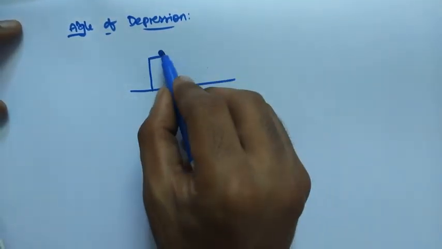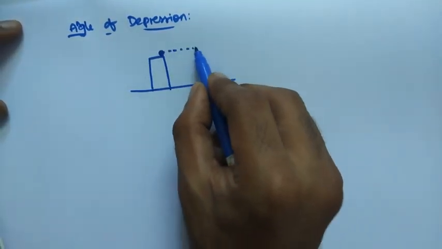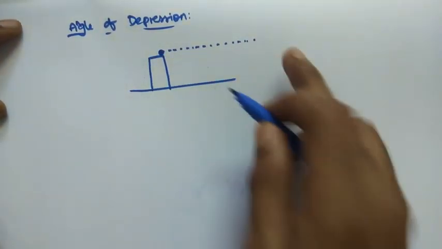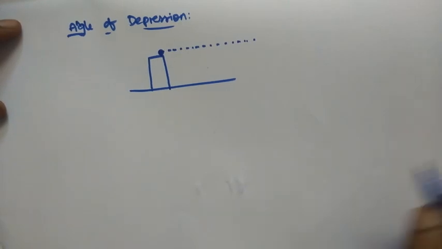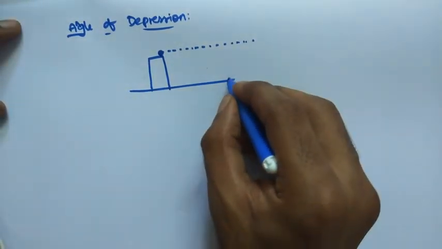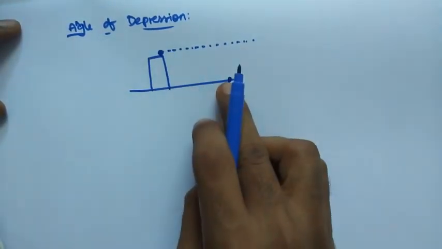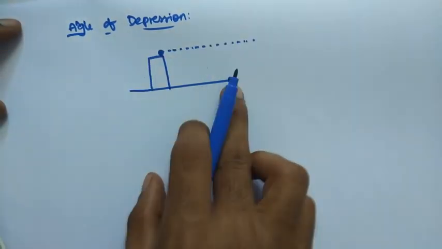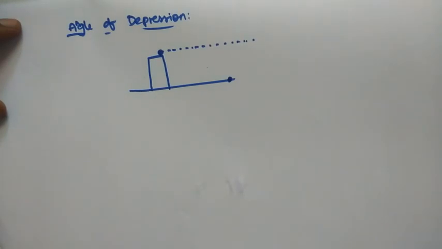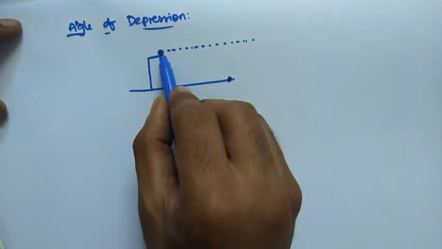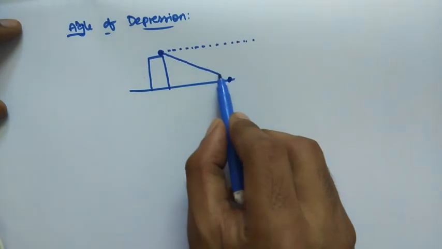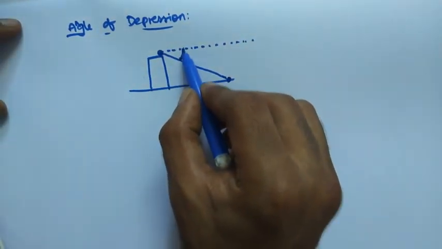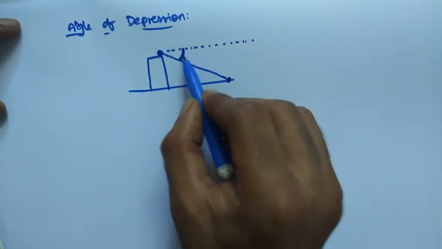When he is looking straight, the line traced is the line of sight. Now if there is a point of interest here, he is seeing another person here. There is another person here and he is watching him. Now if we join these two, there is some angle here, right? This angle will be the angle of depression.